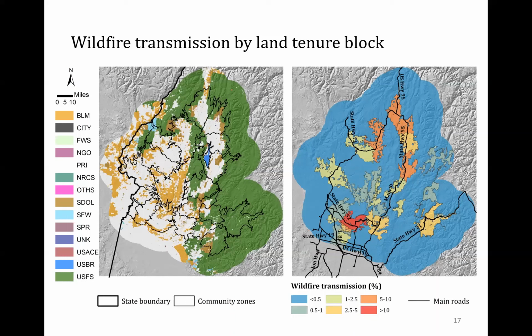Here you have a map on the right side with the main roads, and you see that the blocks with most transmission concentrate following the state highways, and some of them present values especially high in particular, right? This is really interesting too, because this can be used by landscape managers as planning areas to prioritize landscape fuel treatment implementation.